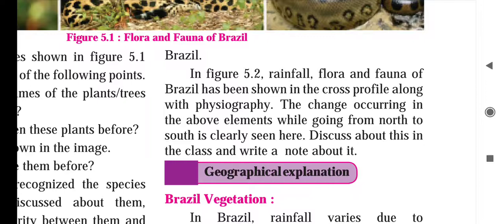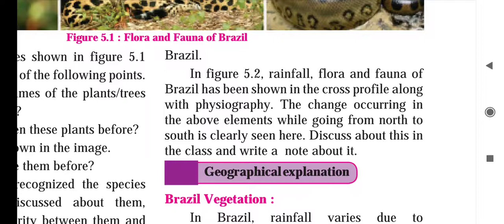So we have to see figure 5.2. There we can see the rainfall, flora and fauna of Brazil. There is one cross profile given along with the physiography that we will study.